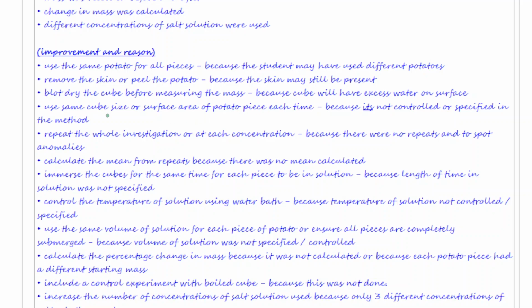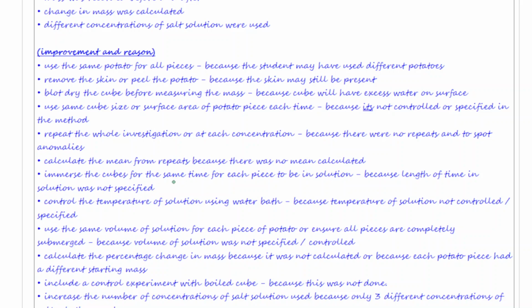Use the same cube size or surface area of potato piece each time, because it's not controlled or specified in the method. Repeat the whole investigation or at each concentration, because there were no repeats to spot anomalies. Calculate the mean from repeats, because there was no mean calculated.